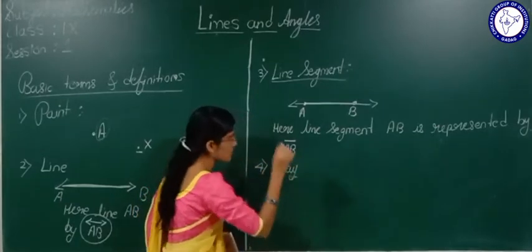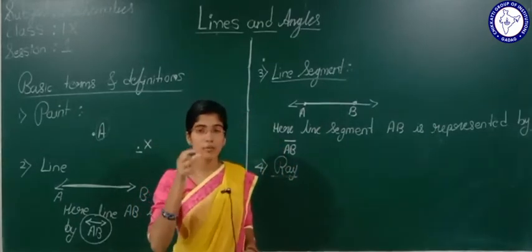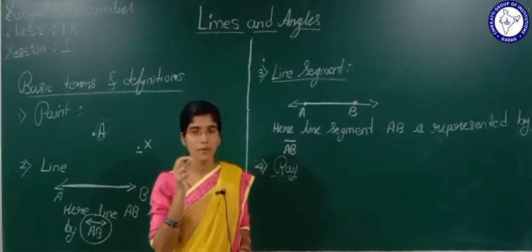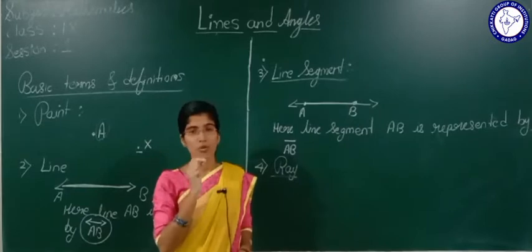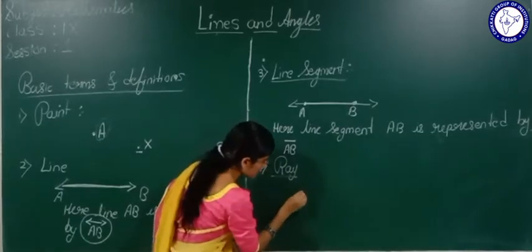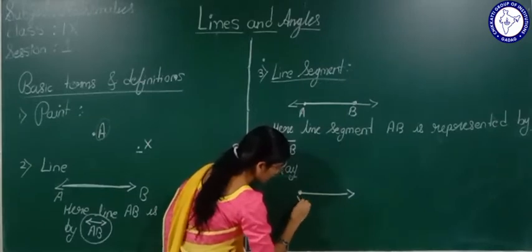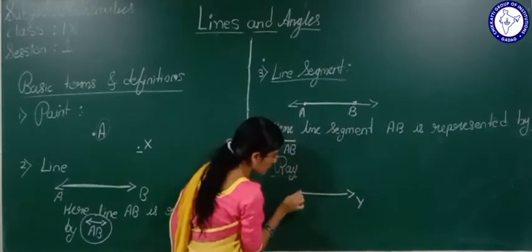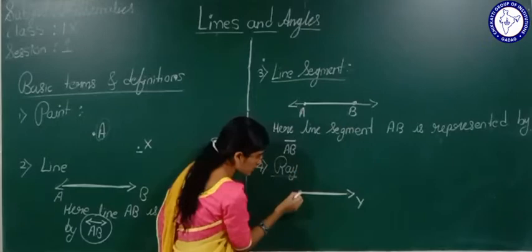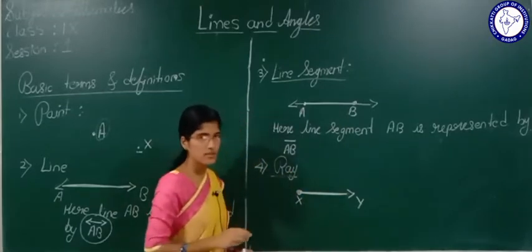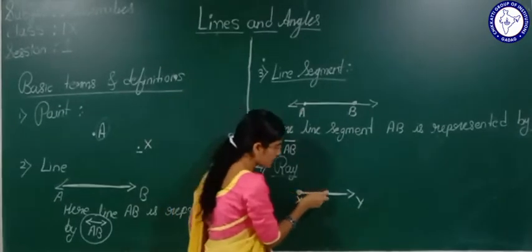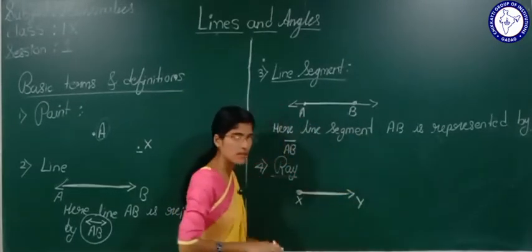What is a ray? A ray is also a part of a line, but it has only one end point. Here XY is a ray because in a ray we have only one end point, so it can be extended further.